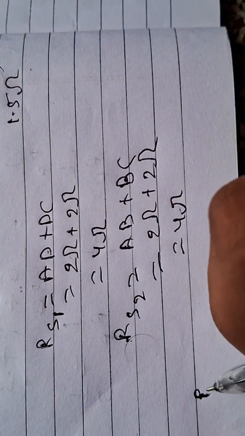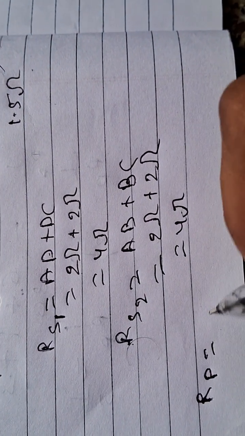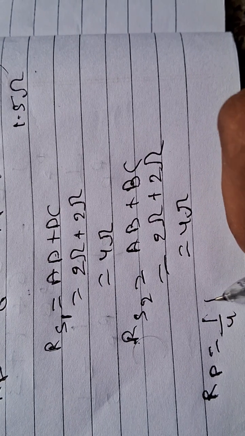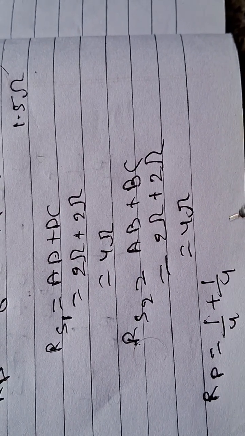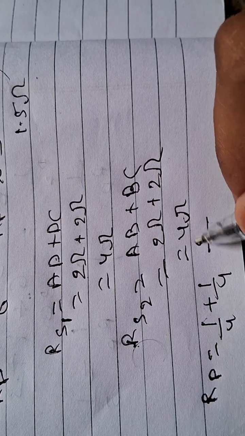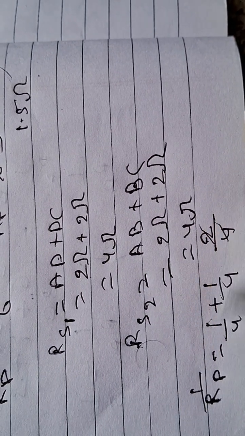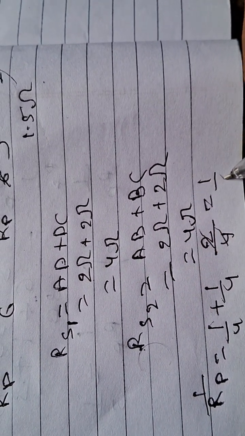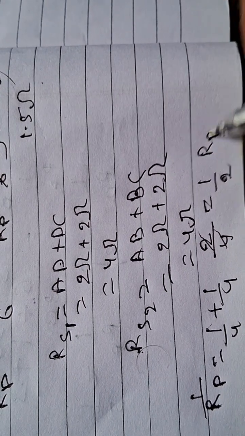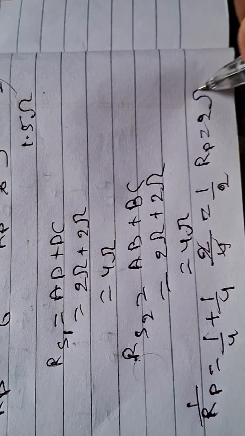Now R parallel. So 1 by 4 plus 1 by 4. Let us take 4 as LCM. 1 plus 1, 2. 1 by Rp is equal to 1 by 2. So Rp is equal to how much? 2 ohms. Simple.